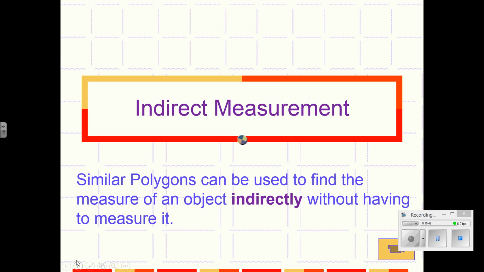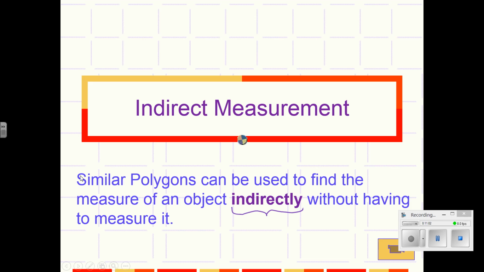Right? So a useful thing of similar polygons is that it can be used to find the measure of an object indirectly without actually having to measure it by hand, without actually having to climb up a tree with some measuring tape and measuring exactly how tall the tree is.